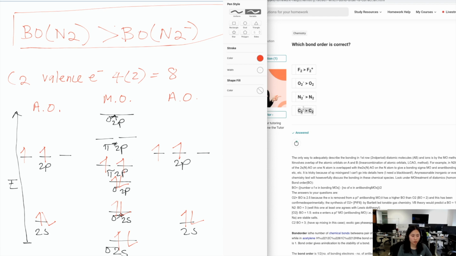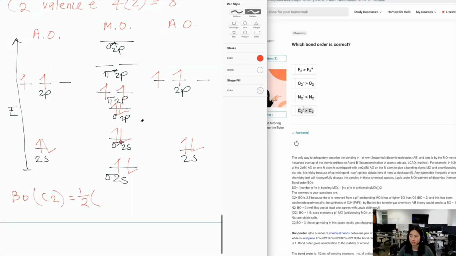Now, bond order of C2 is going to be 1/2 of your electrons found in your bonding orbital. So this is 2 right here, and you have 4, then you have 5, 6.